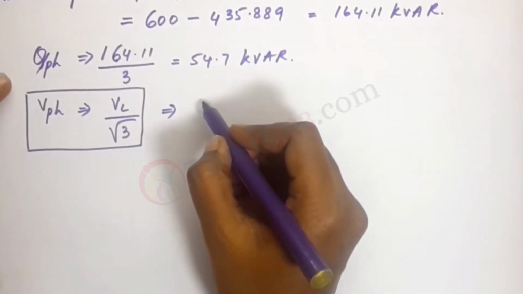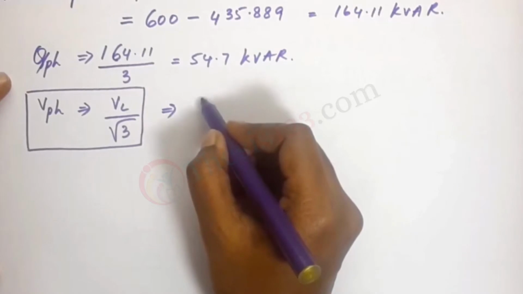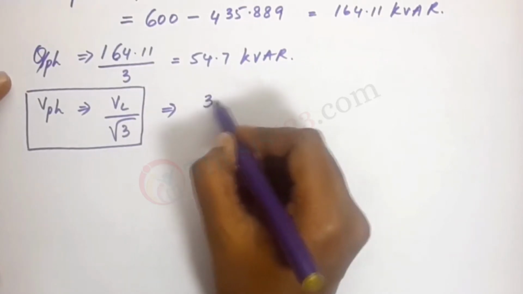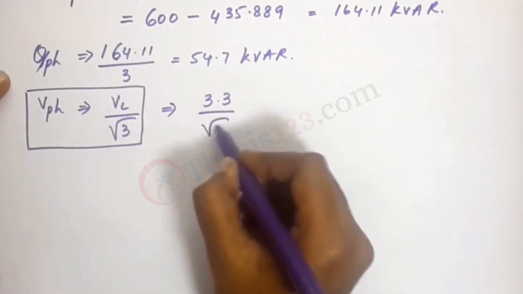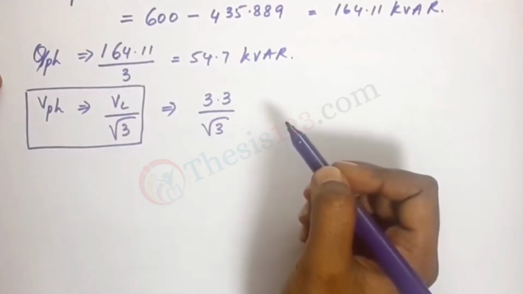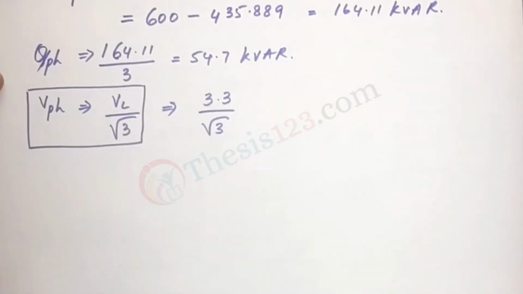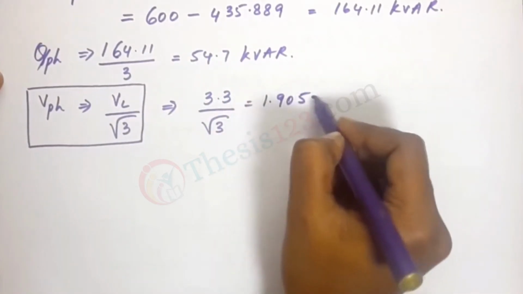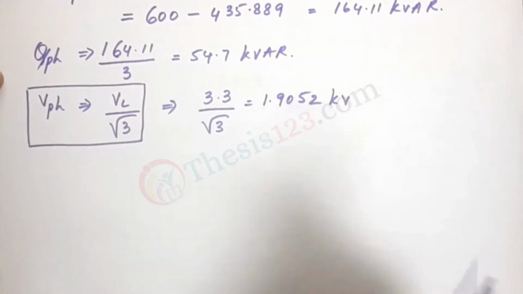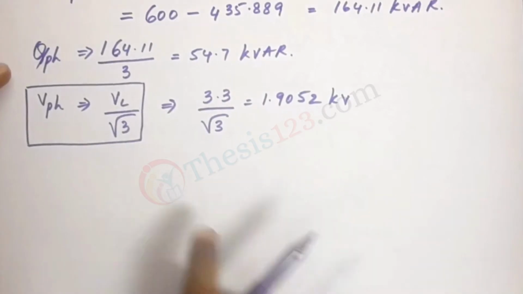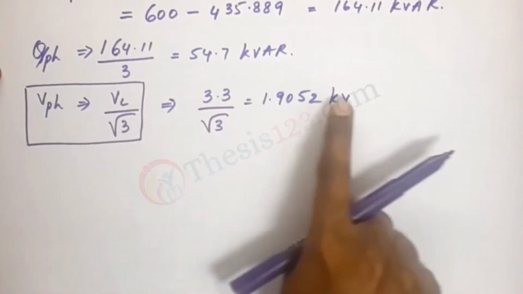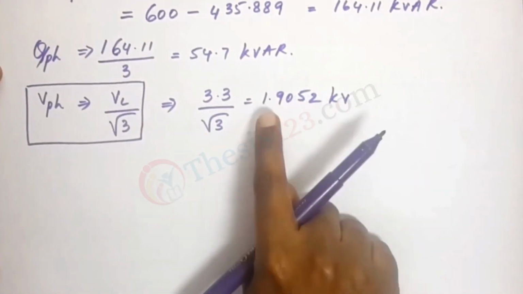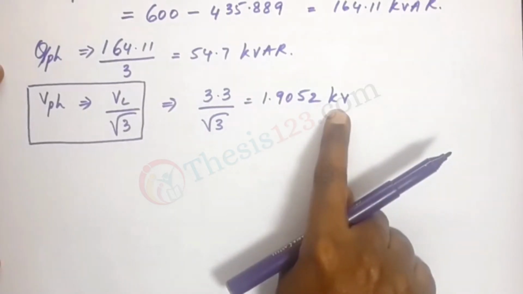This is for star connected, where VL is given as 3.3. 3.3 divided by root 3 gives us 1.9052 kilovolts. Now because the line voltage is given to us as 3.3, the units will remain the same. So we have 1.9 kilovolts.